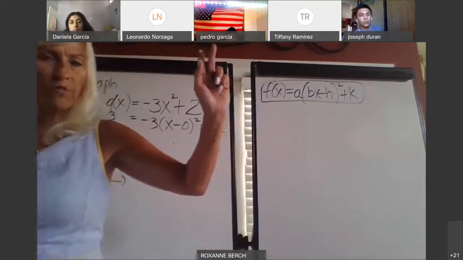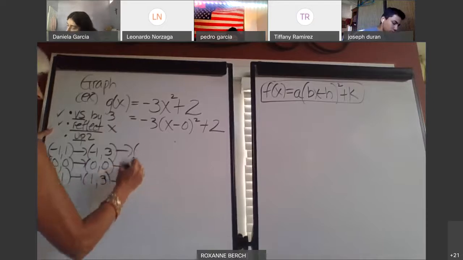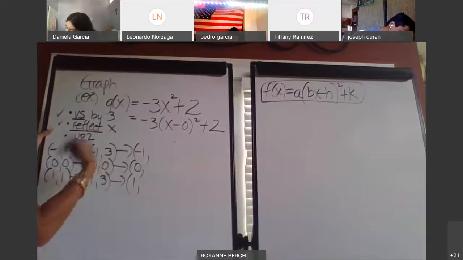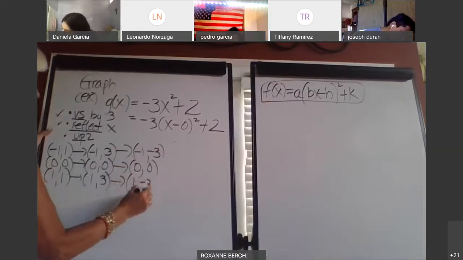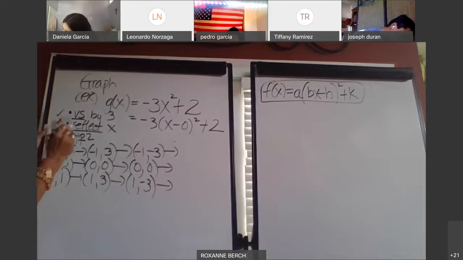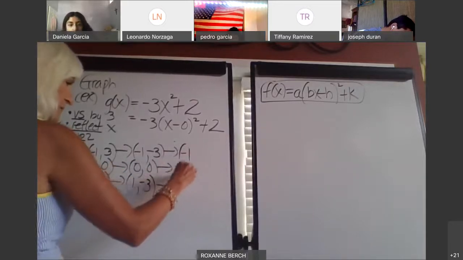Isn't that an up and down movement? So we want to negate the y. Whatever the y is, negate it. If it's negative, make it positive; if positive, make it negative. And the last is 2, which affects the y. So we add 2 to the y.